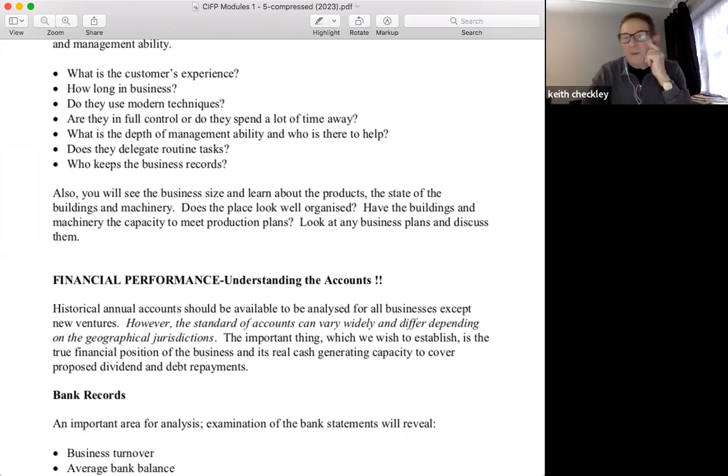Another business I visited was a steel stock holding business. So they were holding stock of steel and then on-selling it to building companies and what have you. When I looked at the balance sheet before I went, there was a huge amount of stock in the balance sheet, valued at about $250,000.